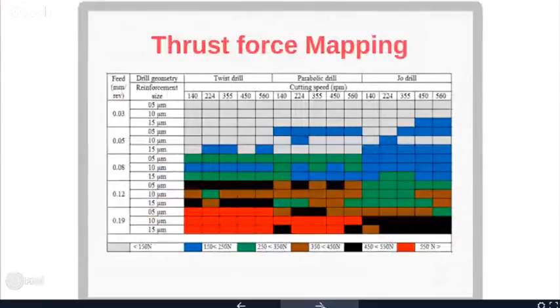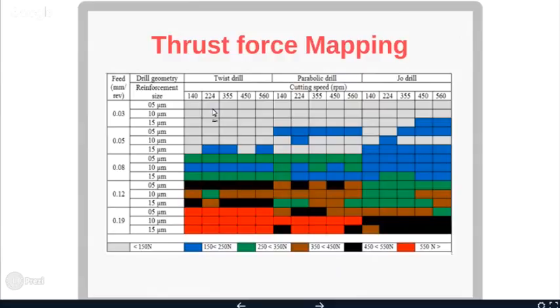So I performed a number of experiments with respect to different drill point geometries, with various cutting speeds, variation in speed, as well as variation in reinforcement size. Here, if you check, with respect to twist drill, parabolic drill, and Joe drill, I performed a set of experiments on cutting speed.